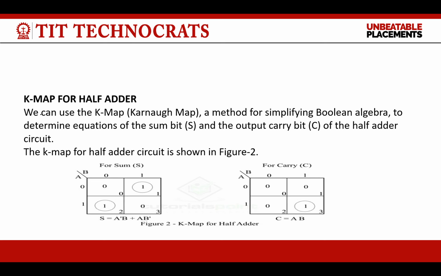After this, try to group the ones, and we can see that we have to take all the ones singly, individually, because there is no possibility of grouping any ones. Then we find the expressions, that is S is equal to A complement B plus A B complement, and likewise C is equal to A dot B.